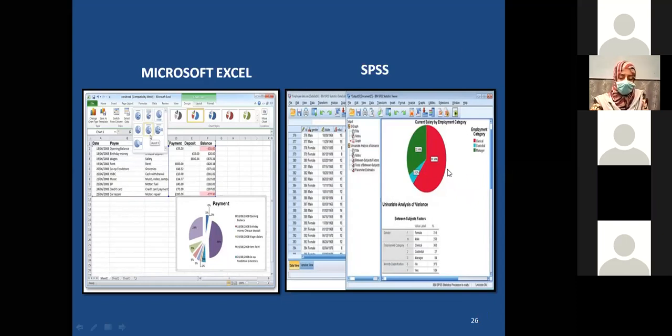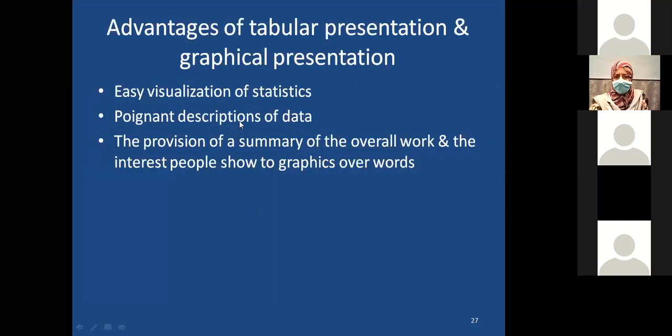You can have histograms, you can have bar charts, you name it. All of the graphs can be made on both these software packages that we use for our publication purposes, and that's about it. Now coming to the advantages and the importance of tabular presentation, and of presenting your work in the form of graphs.